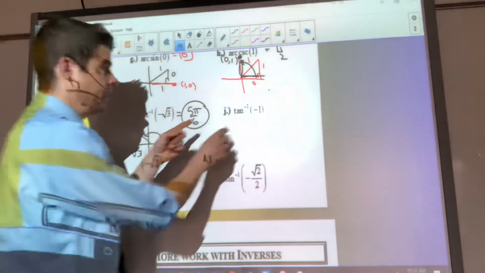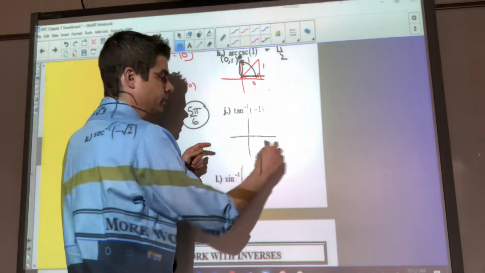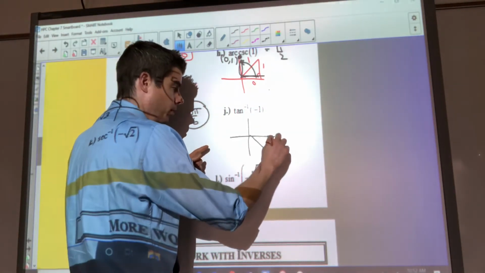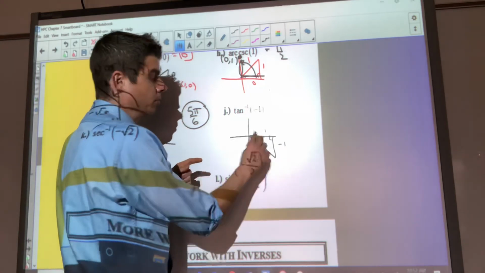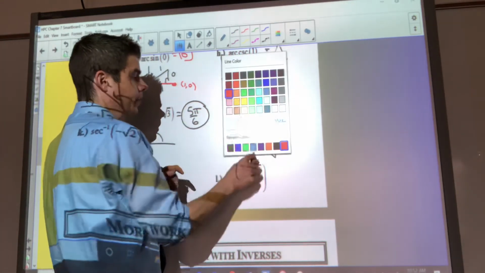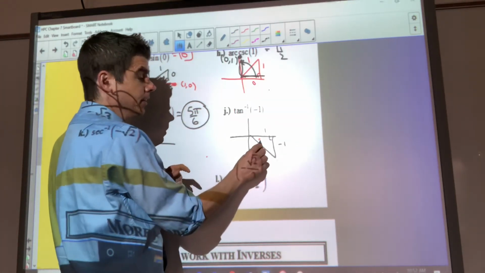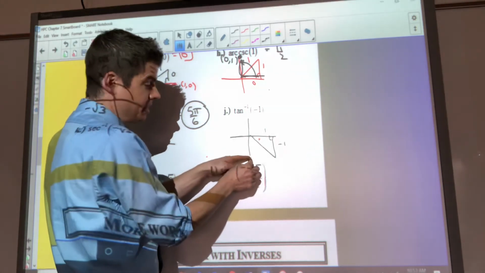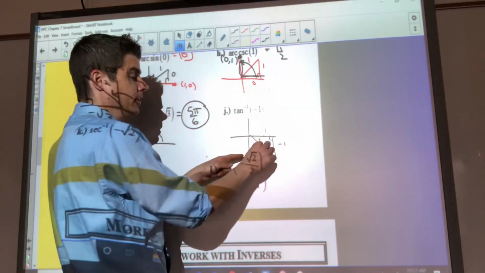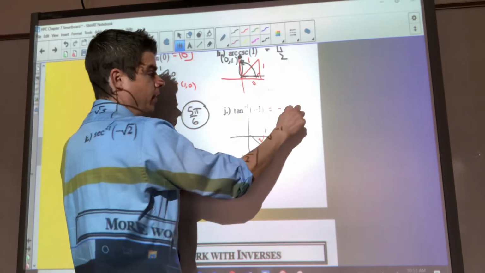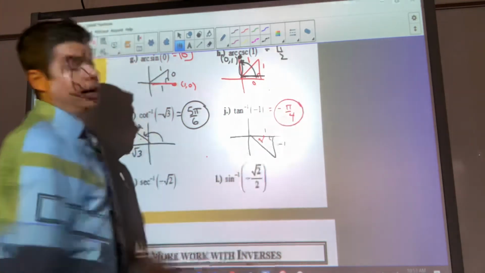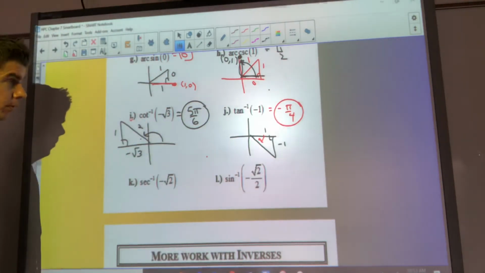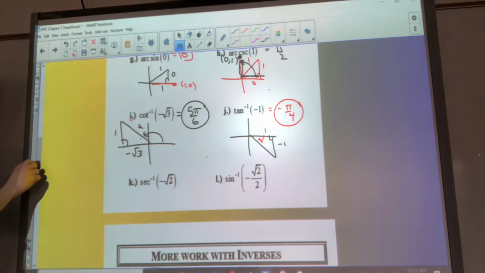Inverse tangent of negative 1, so inverse tangent lives in quadrant 4 when it's negative. It's a 1-to-1 ratio, and again, thinking about that 45-degree angle, but it has to be within negative 90 to positive 90, so we're talking negative 45 degrees, or negative pi over 4. 2 to go, inverse secant.